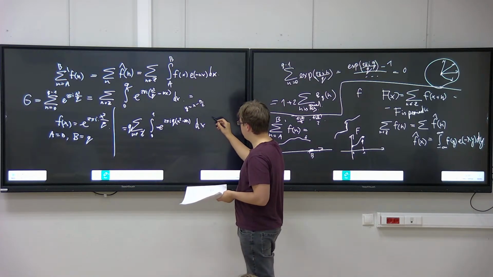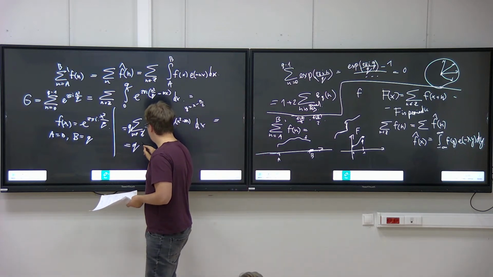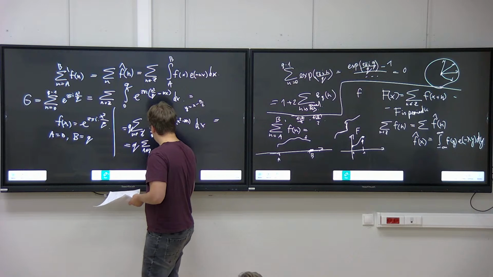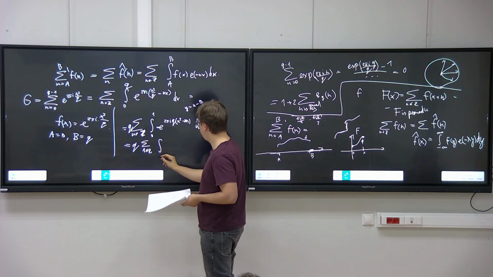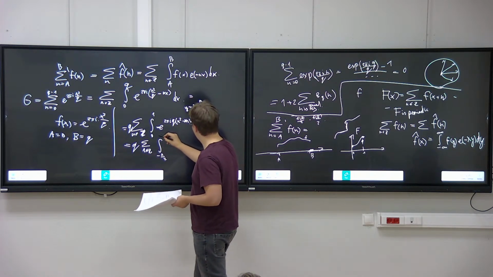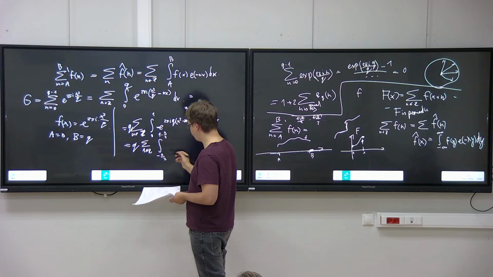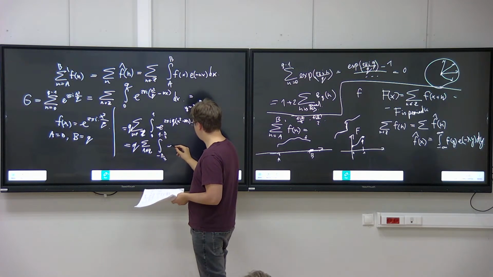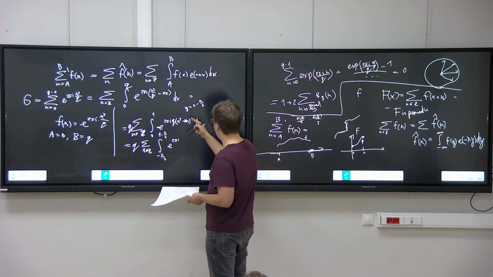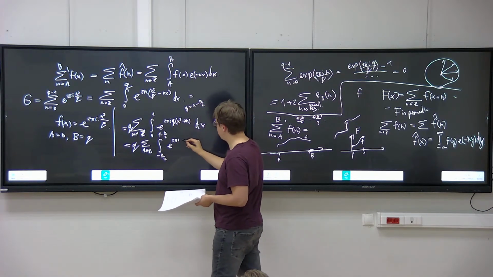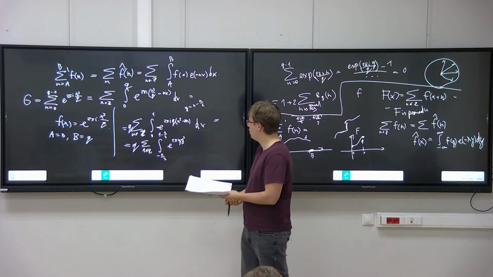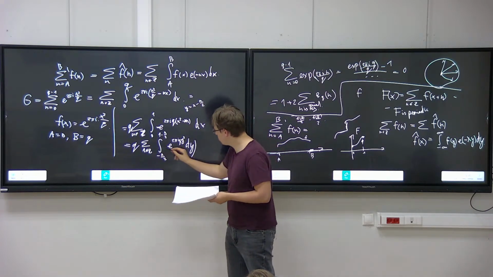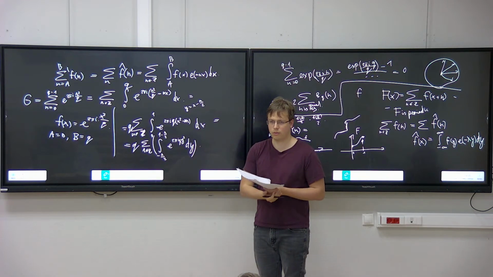And what will it be? q sum over n in Z, integral from minus n over 2 up to 1 minus n over 2 of 2 pi i, here will be x squared, yes? q x squared, dx, and also there will be what? A constant.